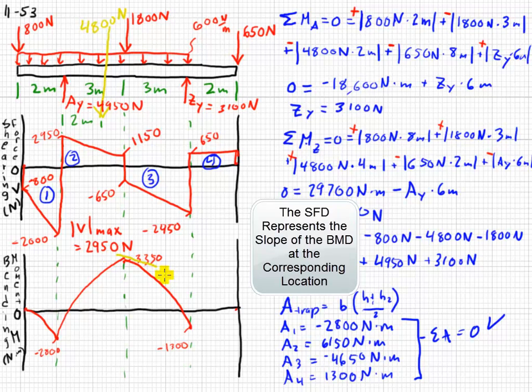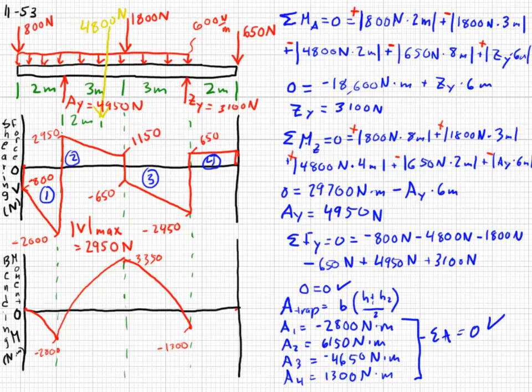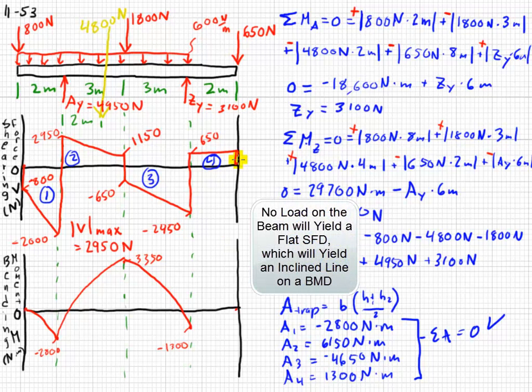So this is negative 650, and this is negative 2450. This indicates the slope of the bending moment. In our last one, we have a constant value, which means that our slope here is going to be constant, and it's positive, so it's going to be going up and end at 0.